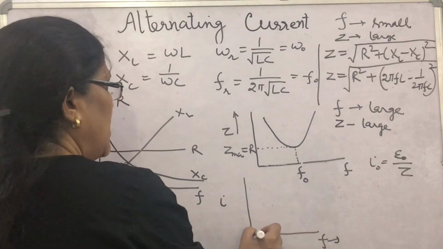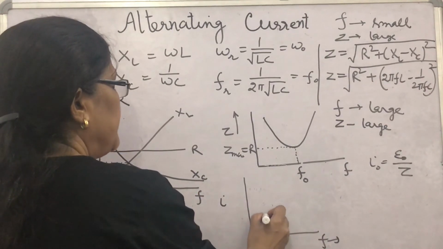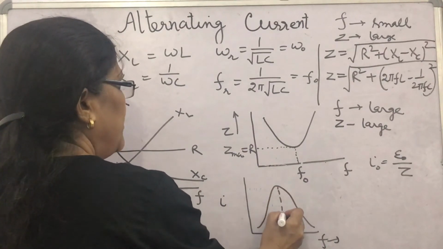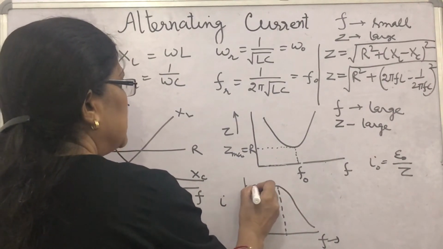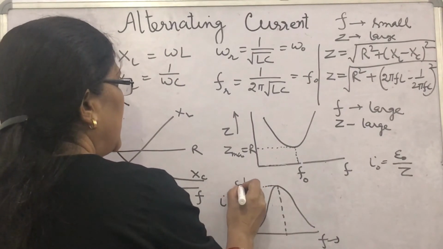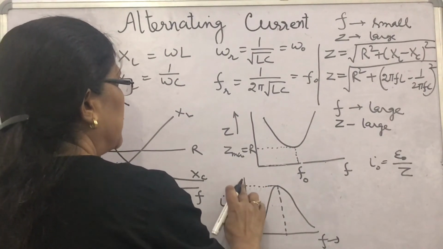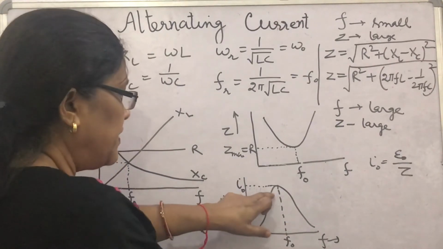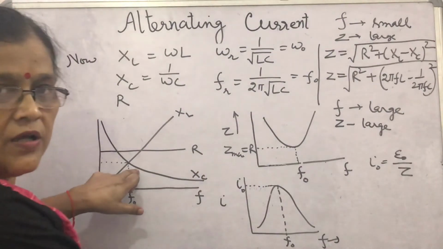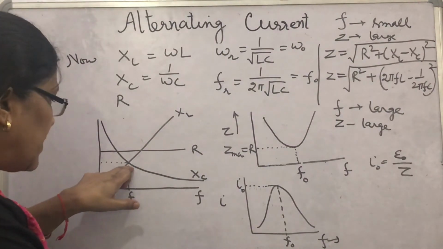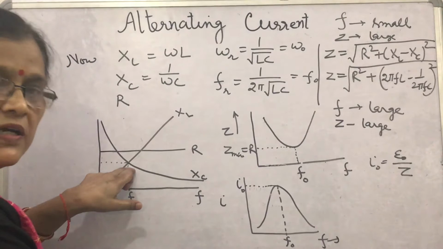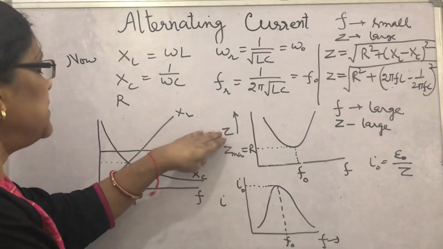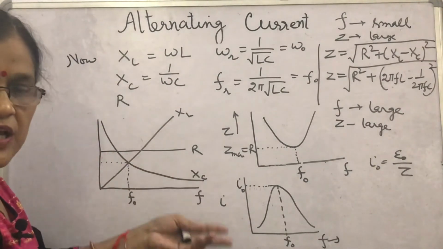At minimum f and at larger values of f, the current will be minimum, and at the particular resonant frequency you will find the current is maximum. This is the maximum current and this is the resonant frequency. This frequency value is the same as in this graph, where XL is the same as XC. So in this way, we have seen the graphs of frequency versus impedance and current.